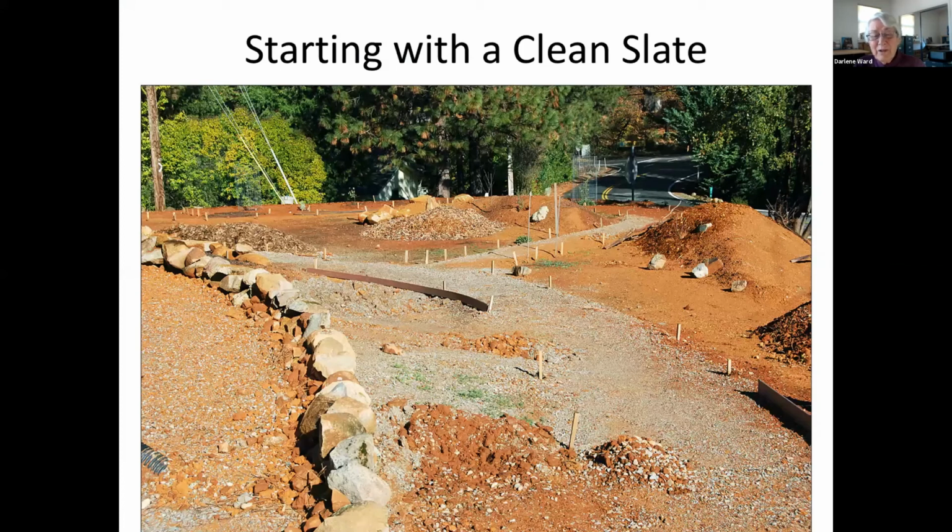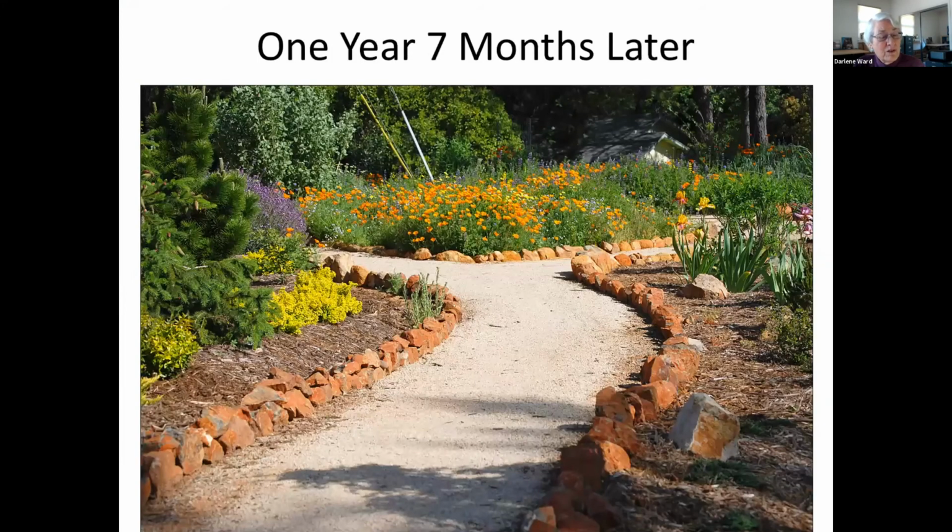The next slide, which you've already had a glimpse of, shows what that area looked like almost 2 years later. The poppies and some of the wildflowers come back every spring, and they have spread into some of the other areas.